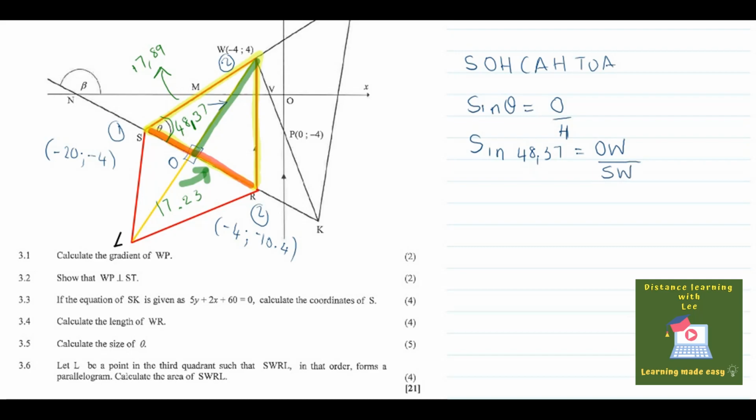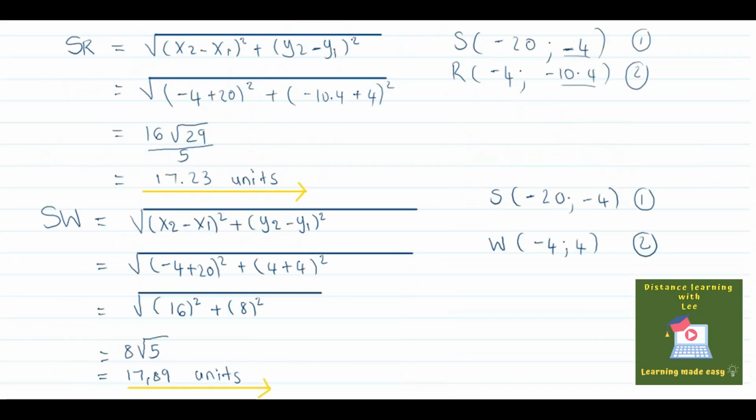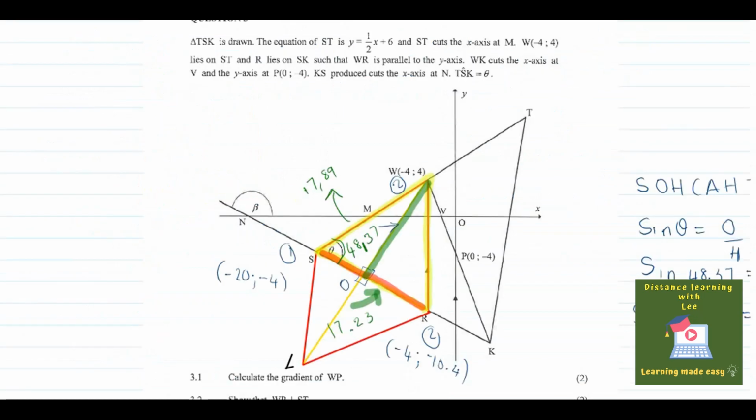Okay, so we're just going to fill in those values again. So it's going to be sine of 48.37, which is equal to OW all over. We found that our SW was equal to 17.89 units. Okay, so we're going to put that in.